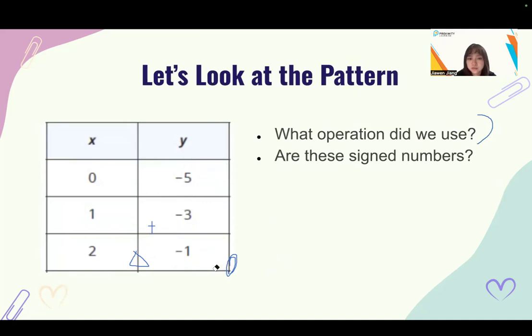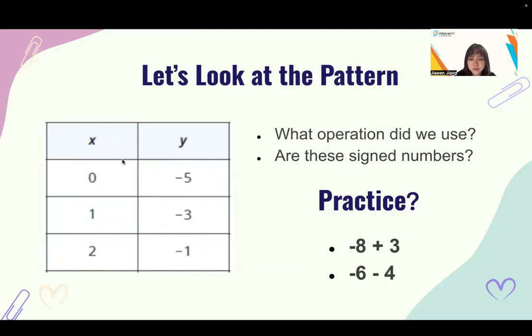So, I'm gonna give you some practice. Okay, just do these two problems, and I'm gonna give you 2 minutes. Yeah, you can use the number line or you can use the decimal calculator.